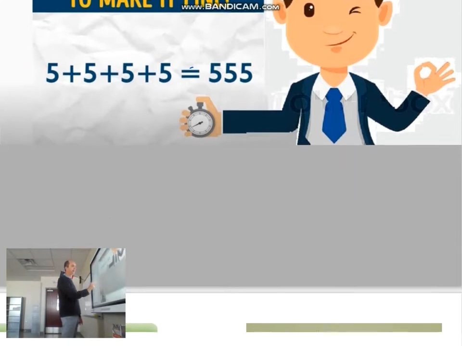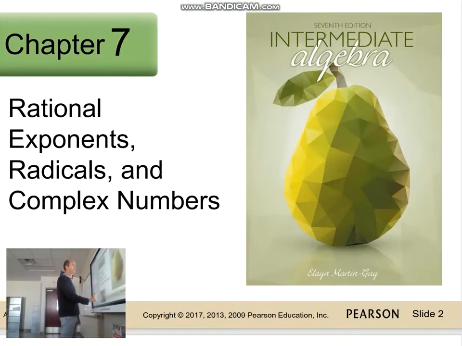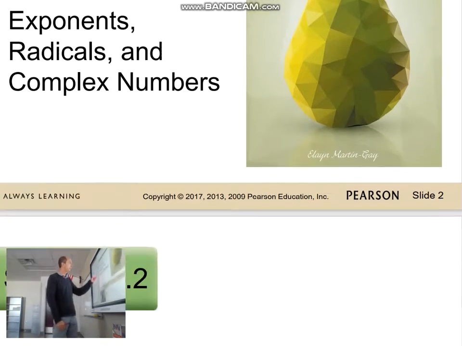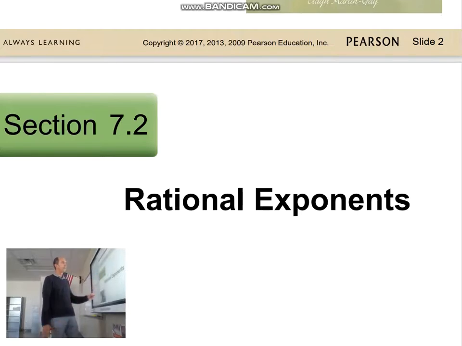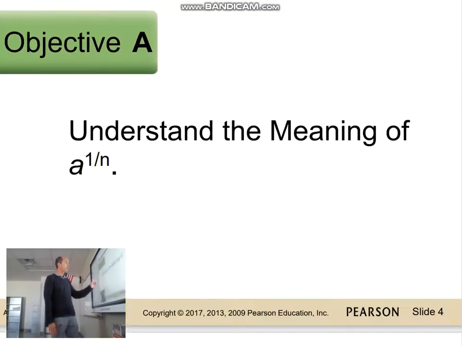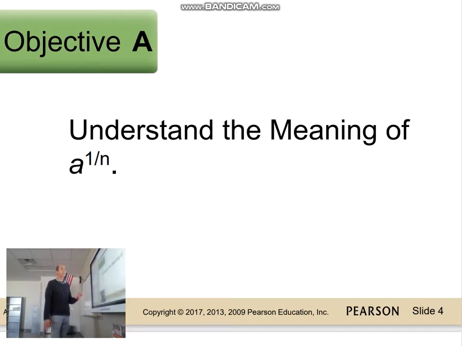puzzle after our lesson, because today we're going to work on chapter 7, Rational Exponents, Radicals and Complex Numbers, section 7.2, Rational Exponents. Objective A is to understand the meaning of A exponent 1 over n.